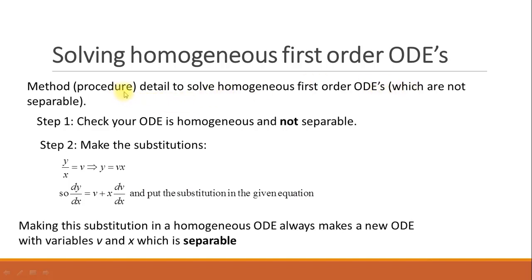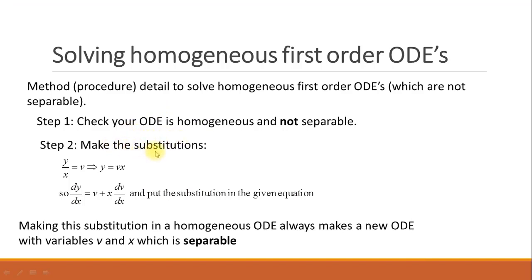In this procedure, first of all, check whether the differential equation is homogeneous and not separable. Sometimes we can solve the homogeneous equation by separation of variables directly. But if the differential equation is not separable, then how to solve this homogeneous differential equation?